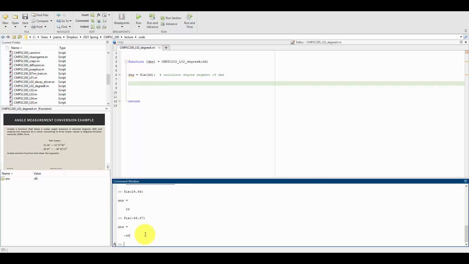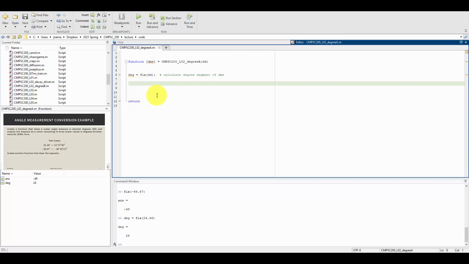I'll just test it in the command window first. The 24, right, so that's good. So with the 0.46, that is how much, as a decimal or as a fraction of a degree, we have left. So I want now to work with just that 0.46, or in the other case, the 0.67.